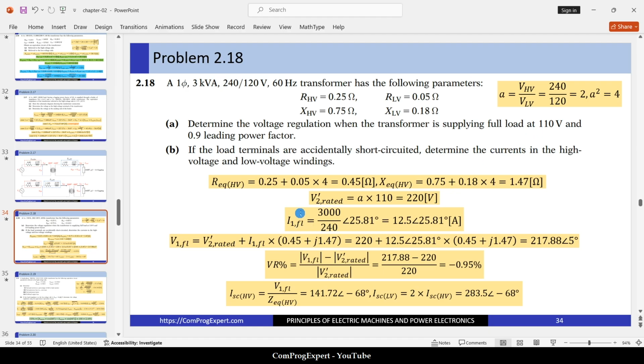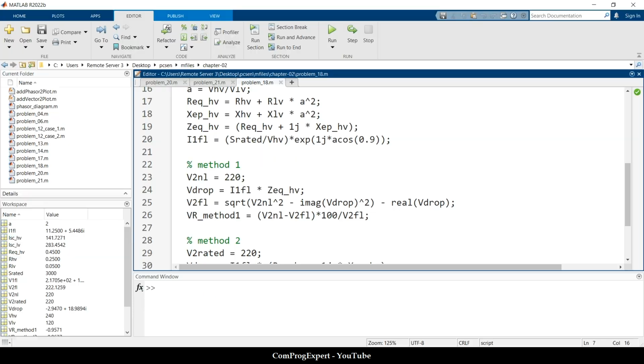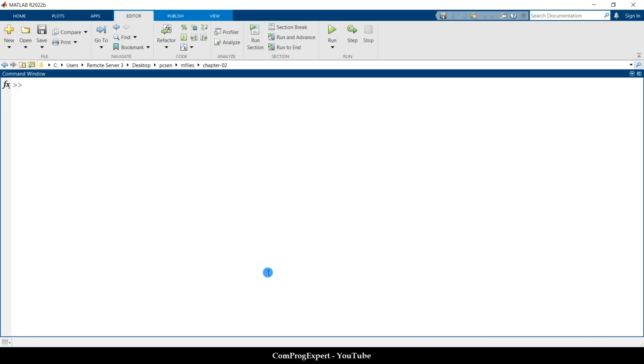The value of the full load current for the load is equal to this one. This is for the primary side, I1 full load. Here, as you can see, the rated apparent power of the transformer is 3 kVA. The rated voltage of the secondary is 120. So how much is the rated value of the current for the secondary side?